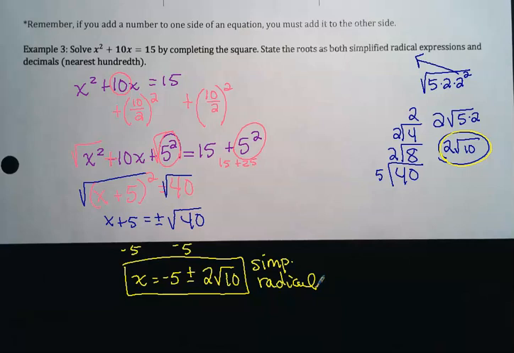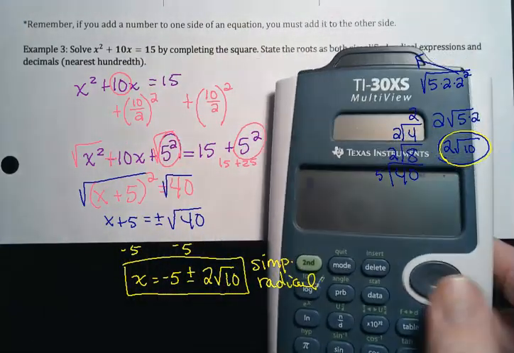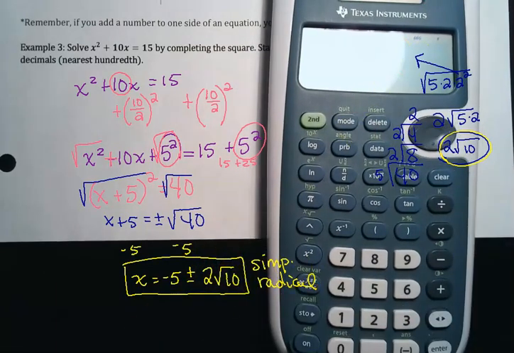The other is the decimal to the nearest hundredth. Okay, so in order to do that, you need your calculator. Okay, let me put it on here. Perhaps I should erase some work. Yeah, let me erase this over here. Well, let me go to my board and erase.